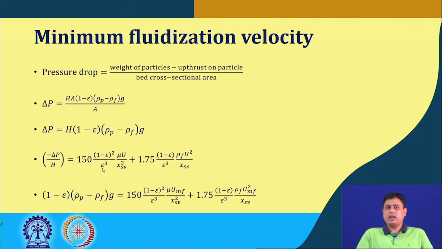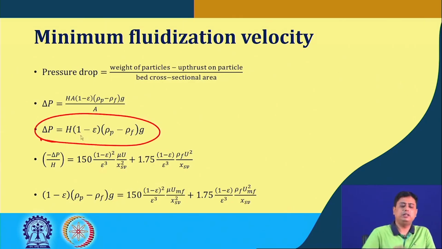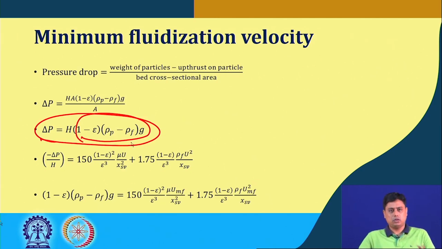This is the balance we have already done. The pressure drop or pressure gradient in the bed is balanced by the apparent weight of the bed, which involves the solid fraction and relative density multiplied by g.